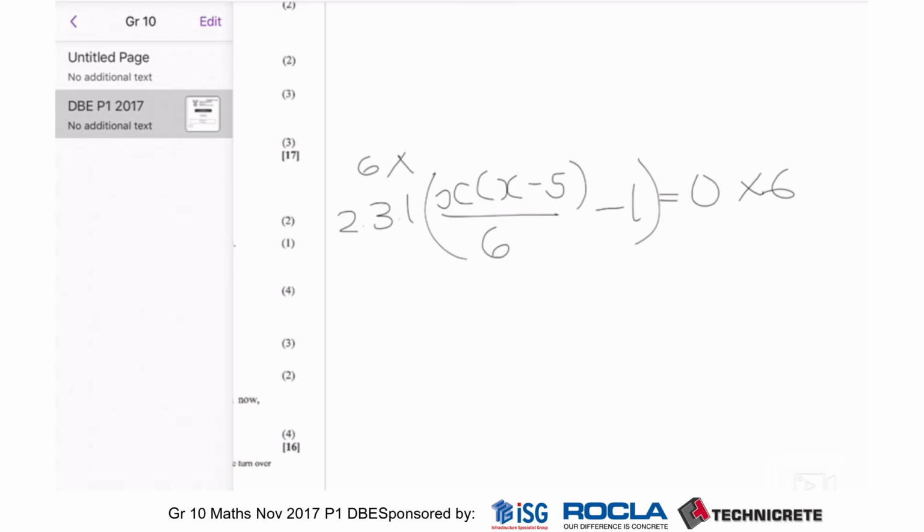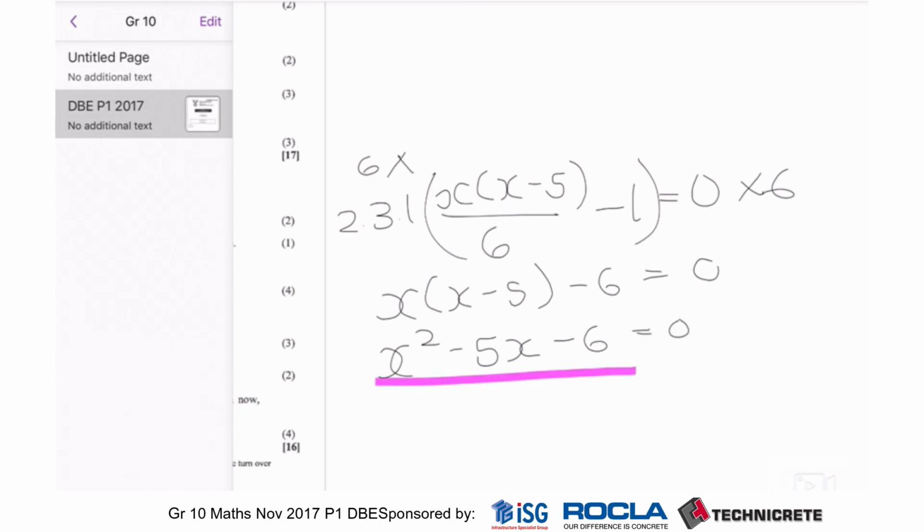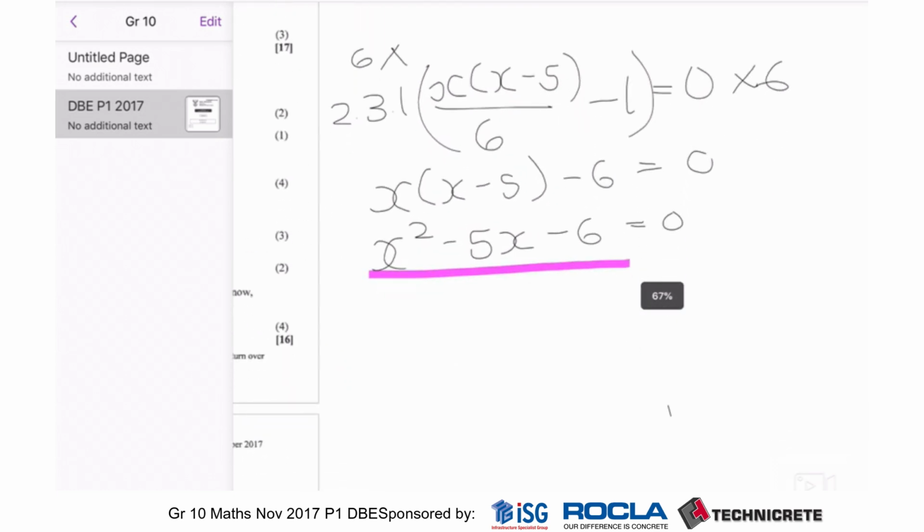Okay, so on this side I'm going to be left with x minus 5 minus 6 still equals to 0. I'm going to simply times this out. So it's going to be x squared minus 5x minus 6 equals to 0. What do I have here now? This is a trinomial. So I need to factorize this trinomial.